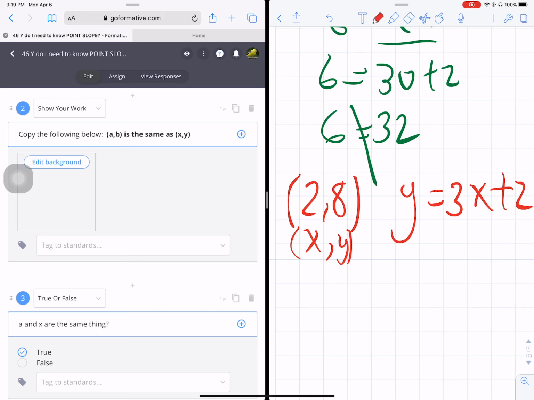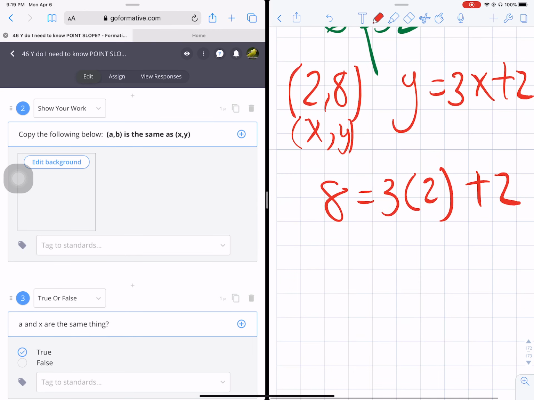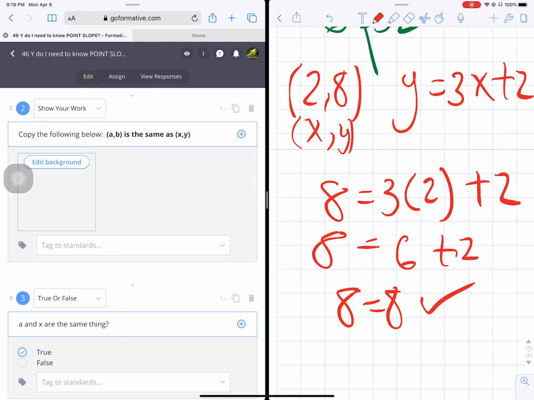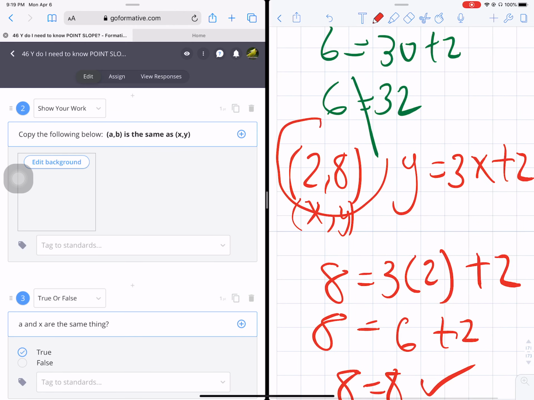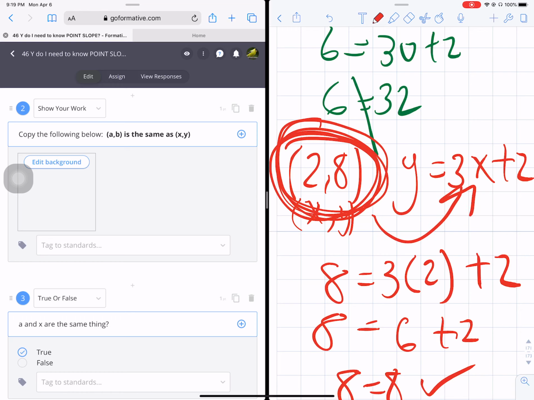So we're going to rewrite it as 8 equals 3 times 2 plus 2. 3 times 2 is 6. 6 plus 2 equals 8. So we have 8 equals 8. That works. So what do we know about this coordinate 2 comma 8? That it's on that line. We can do that with any coordinate.